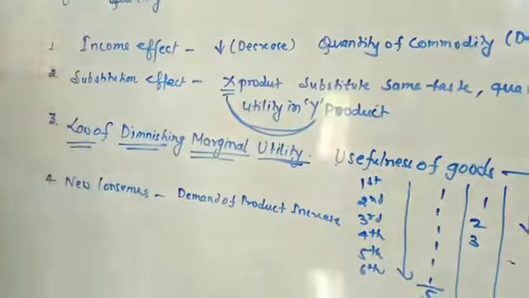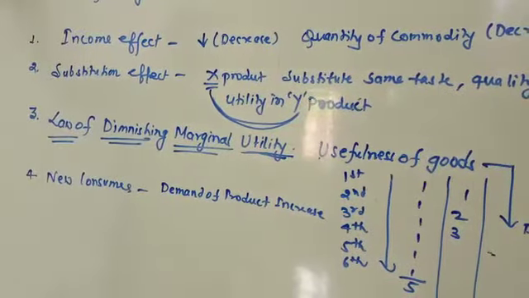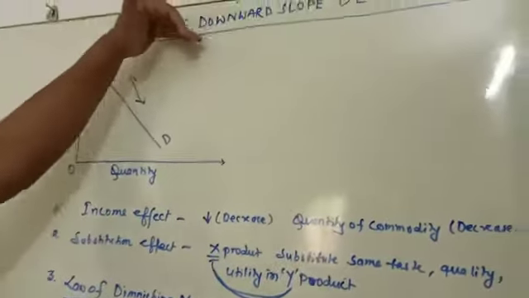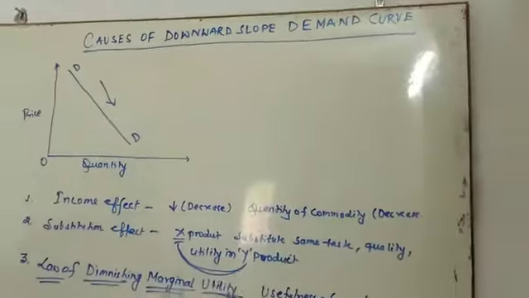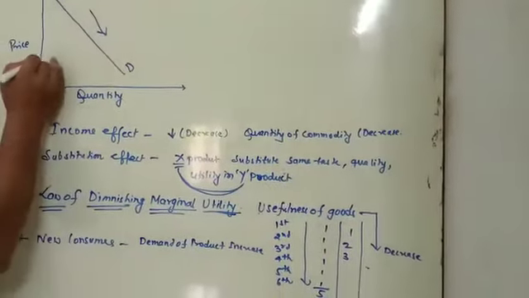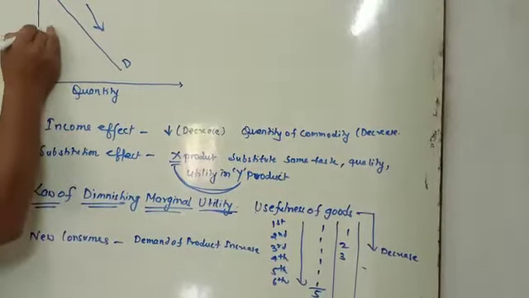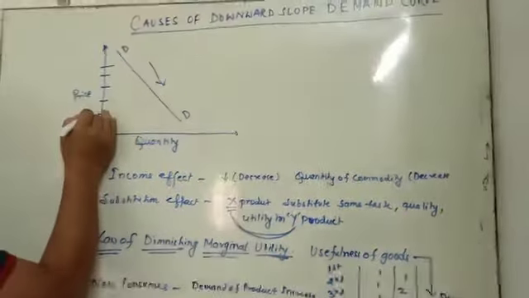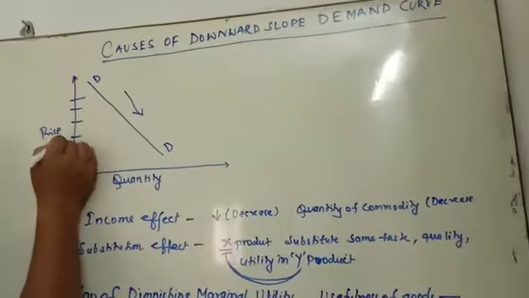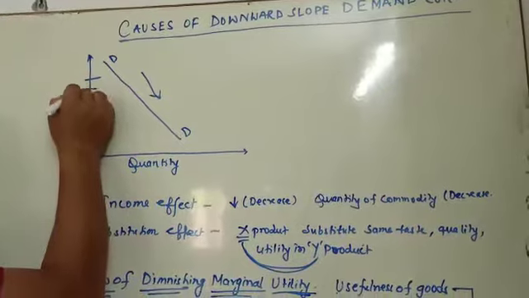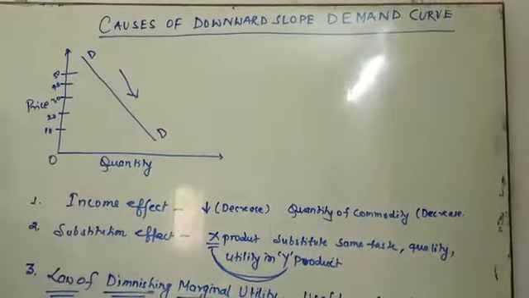My dear students, today our topic is why the demand curve slopes down. Let's see. Here is the price: 10, 20, 30, 40, 50.